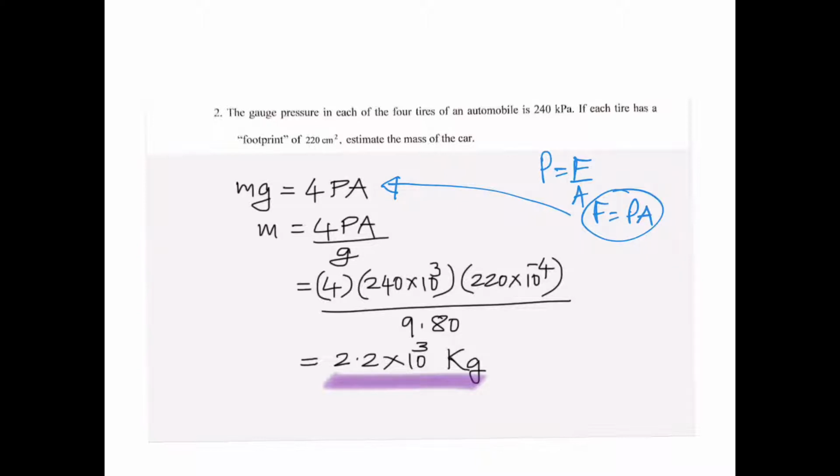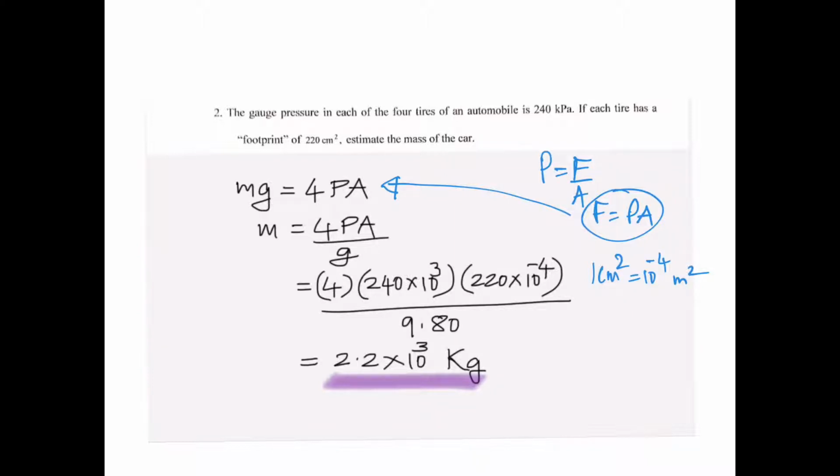And so when you rearrange that, you get the mass is 4 pA by g. The pressure is 240 kilopascals. A kilo is 10 to the 3 or 1,000. And the area is in centimeters squared. You have to change it into meter squared, right? So 1 centimeter squared is 10 to the negative 4 meters squared.